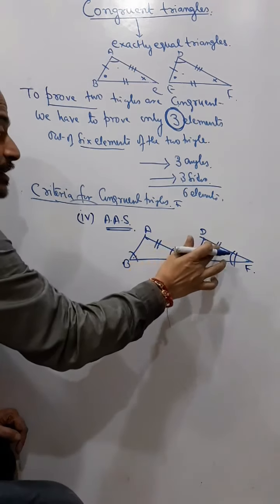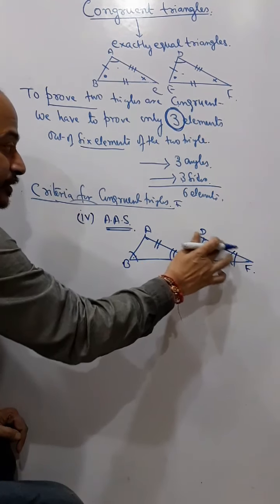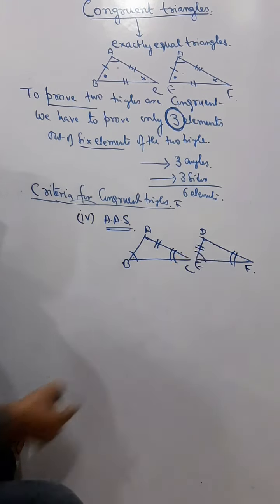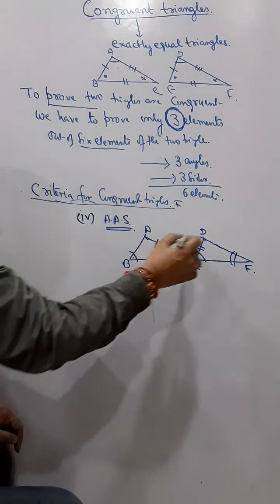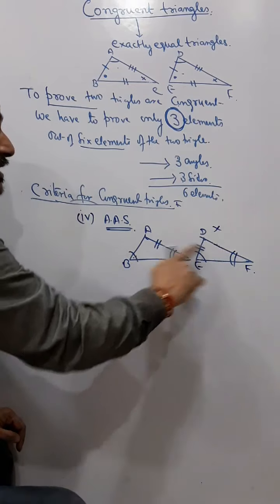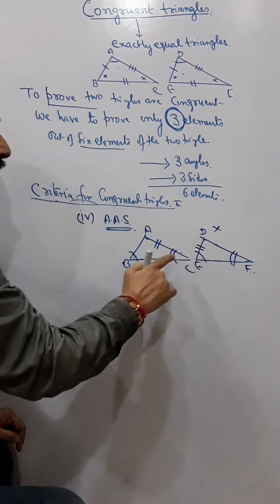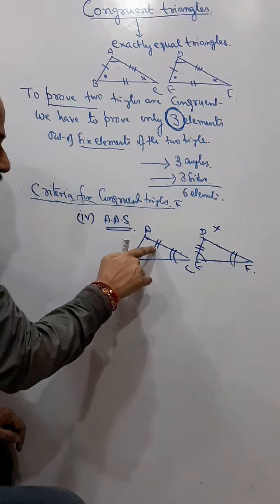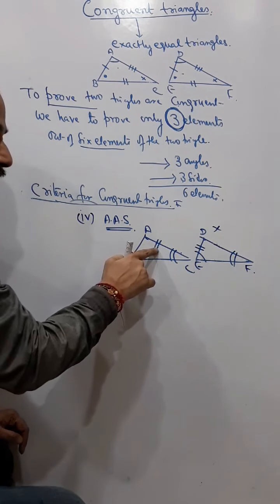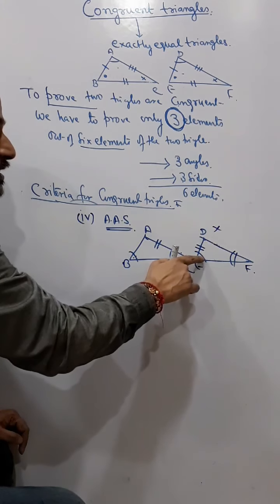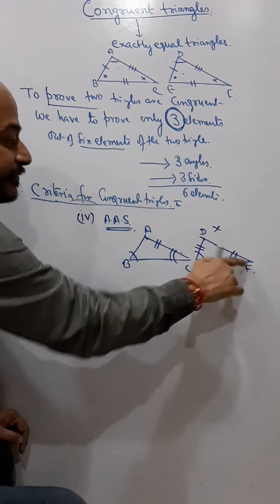Now try to understand. Now instead of this, suppose this is equal to this side, then the two triangles are not congruent because the sides are not corresponding. Because here this side is opposite to angle B, and angle B is equal to angle E. So the corresponding side of angle E is DF.